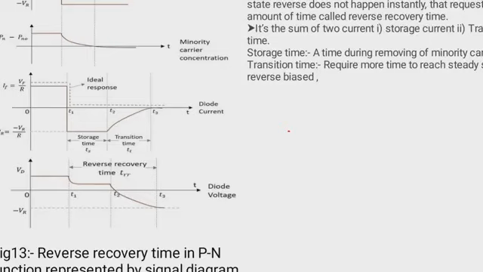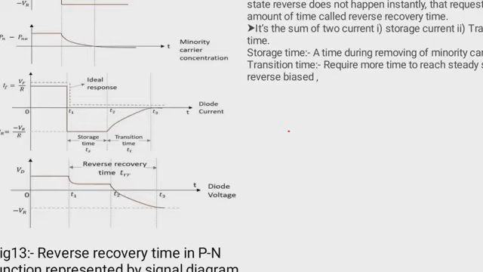Now I am going to the transition time. After open circuit conditions, the reverse bias takes place from this time T2, and to reach the steady state reverse bias it has to take some time. This time is called the transition time, with duration from T2 to T3.